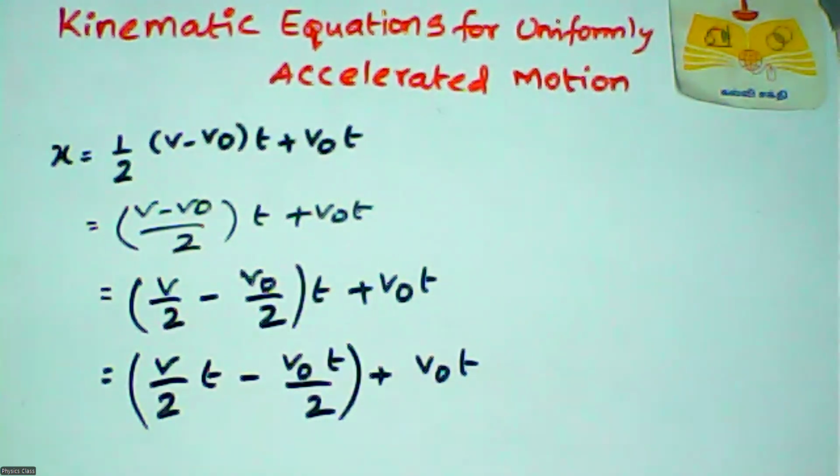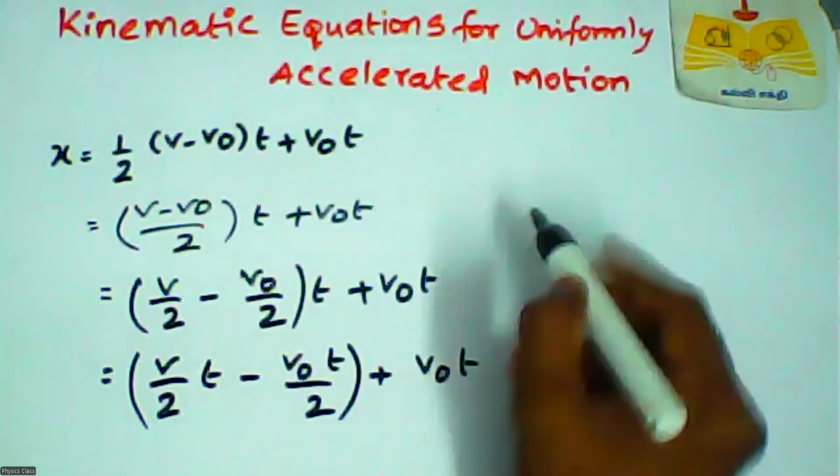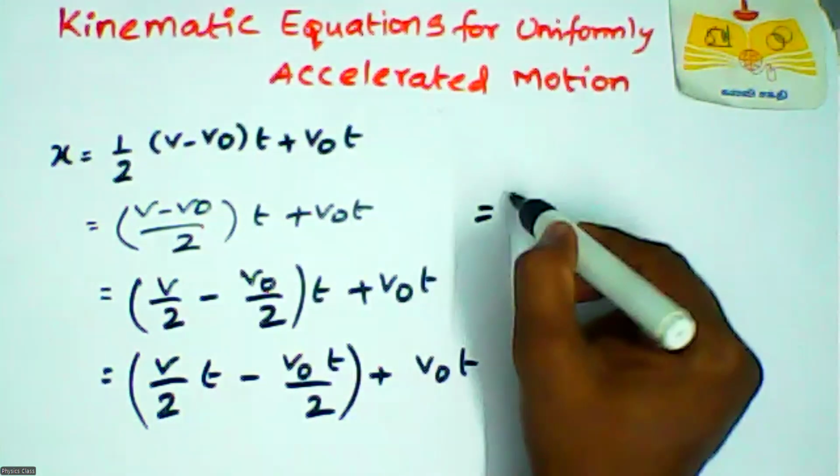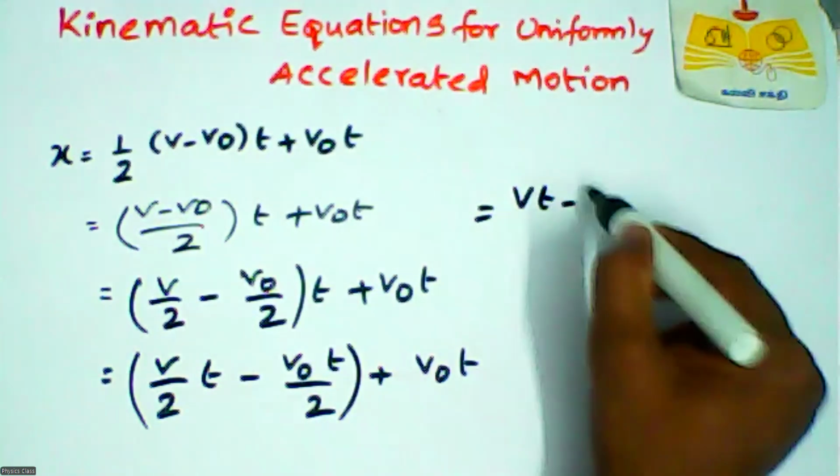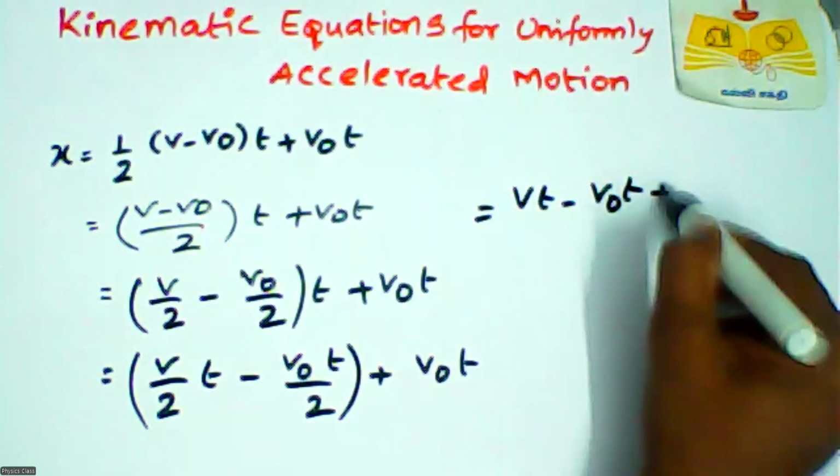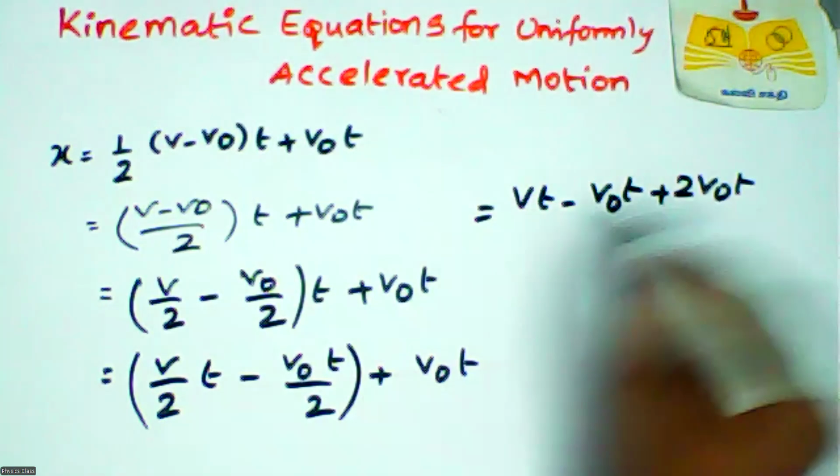Is it correct? Okay. So suppose if you want to add this term to this term, we have to take the LCM. So that's why we can put like this. 2 v naught t by 2.